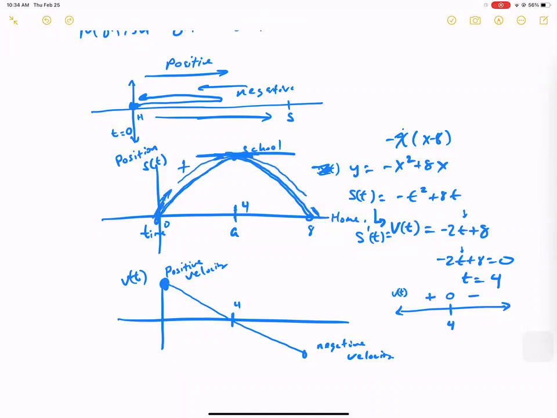Would the position ever be under the graph? Like on the negative? Unless you're 6 feet under, not in this case. Because the position, unless I go behind, if we do have a negative position, that means I went behind my house. Which is something that we could say, right? Because now I'm farther away from school. I went the wrong direction.